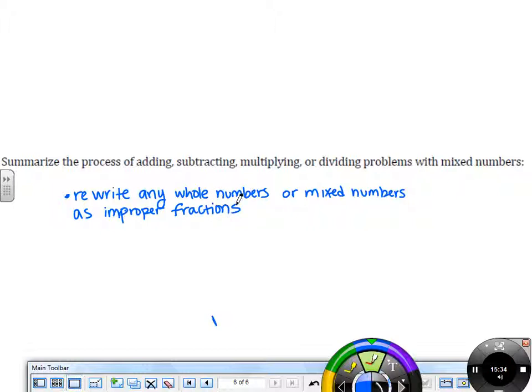Improper fractions kind of get a bad rap because, believe it or not, they're actually the most useful form to add, subtract, multiply, or divide in. So the first thing we do is we write everything so that it's a single fraction, even though the mixed numbers and whole numbers would be improper fractions.